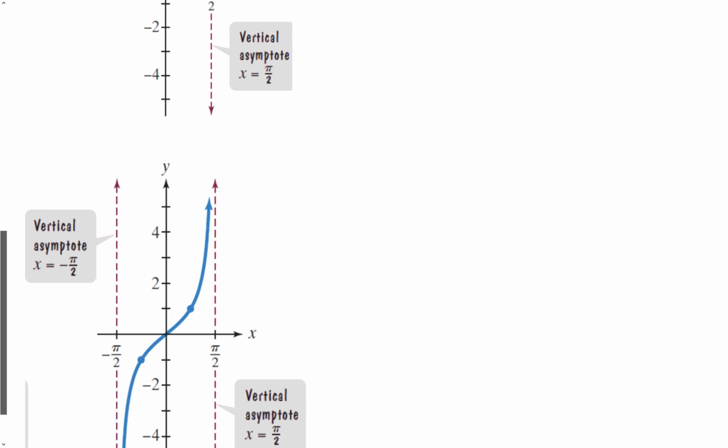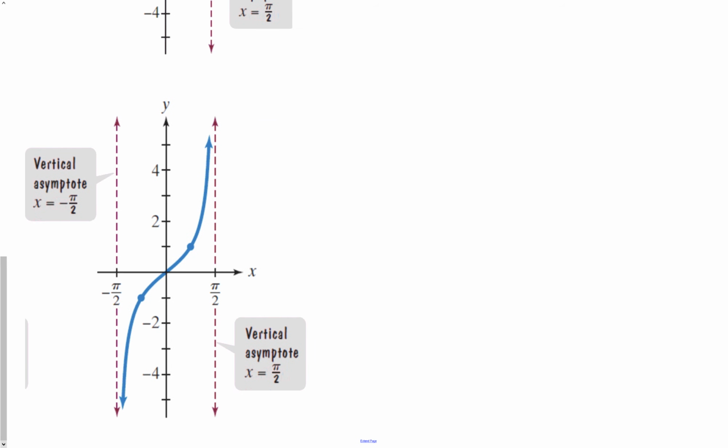Okay, and if we reflect it across the origin, because this function is odd, we get 1 period of my tangent graph. So this is a little bit different than sine and cosine, where we started at 0 and always went in a positive direction.